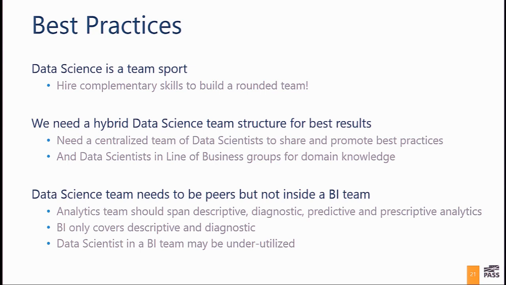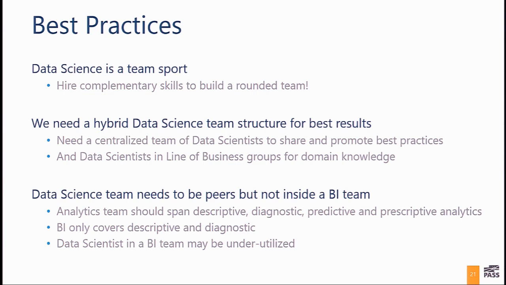Then the last one is about the relationship between your data science team and your BI team, right? The ideal thing in our view is if you really want to do really good analytics, then you want to staff up with capabilities across all of those 4 buckets that Derek pointed out earlier.